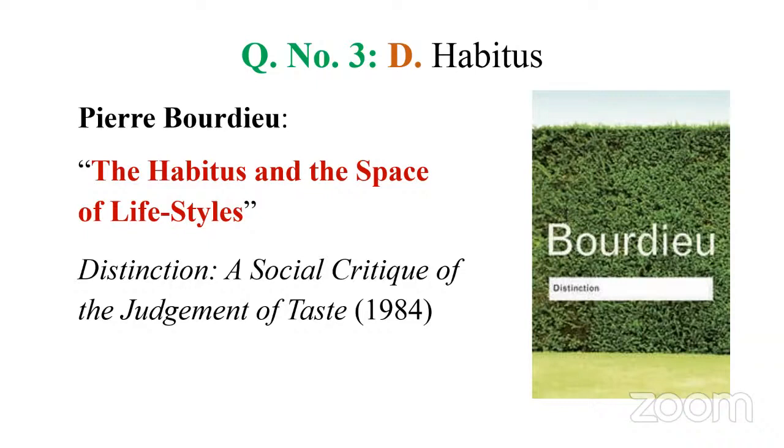And this concept is almost similar to another concept by another Marxist critic, Louis Althusser. We will discuss Althusser in the next question. Louis Althusser also came up with a similar concept called interpellation.